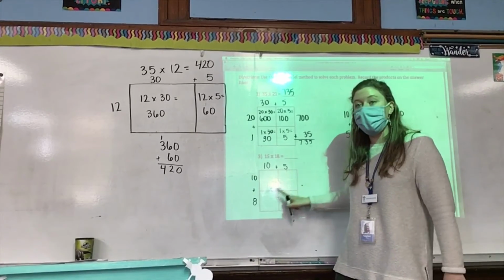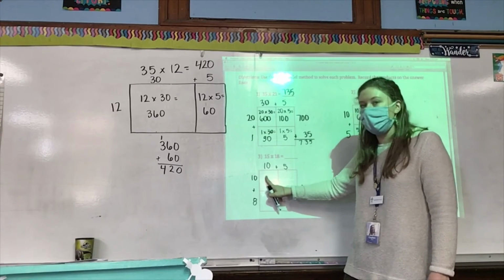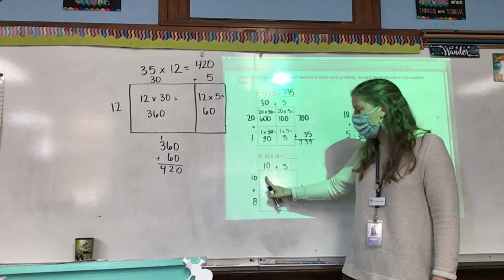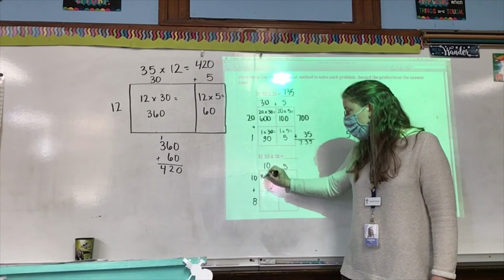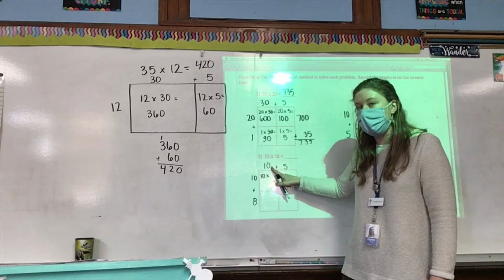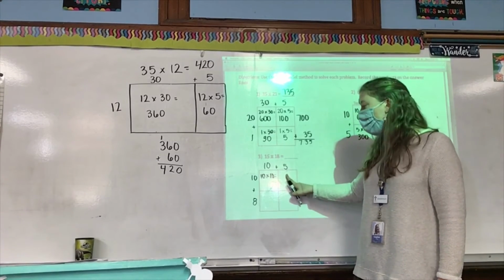Now we just figure out the problems we're solving. What multiplication problem are we solving in our top left box? The number on the side, which is, times the number at the top, which is, in the top right box. What problem are we solving?